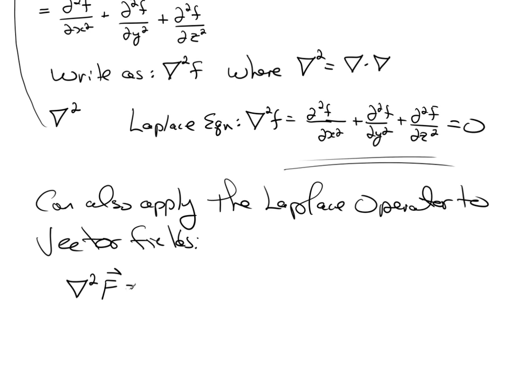Now I'm dealing with a vector field. That's simply going to be equal to del squared p i plus del squared q j plus del squared r k. Again, this is something that physicists use quite a bit.